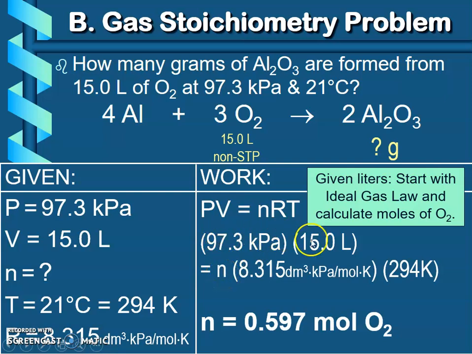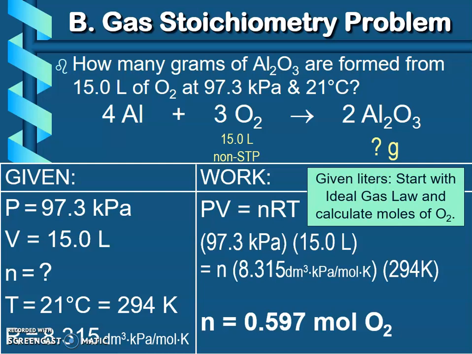So first you multiply these two numbers together. Then you multiply these two numbers together. And then to get n, you will need to take the answer here divided by the answer here. Okay, so just doing that algebra. If you need to see that step worked out, get into contact with me. I'll be happy to work through the problem with you step by step so you can see those worked out.